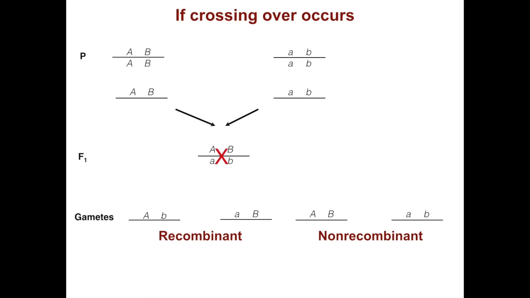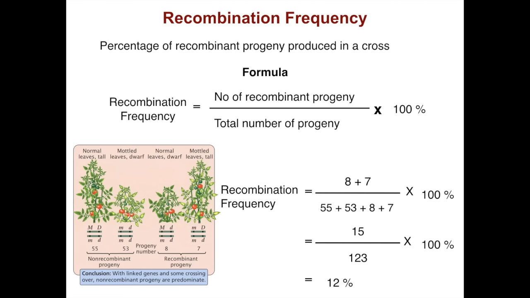So using this recombination frequency, we can learn a lot, and I'm going to tell you now how to determine it. Just like was done in Morgan's lab, recombination frequency is the percentage of recombinant progeny produced in a cross. And here we have the formula for the recombination frequency, which is the number of recombinant progeny over the total number of progeny times 100%.